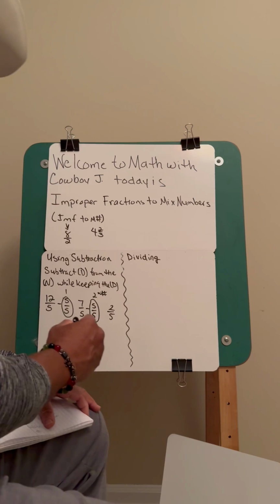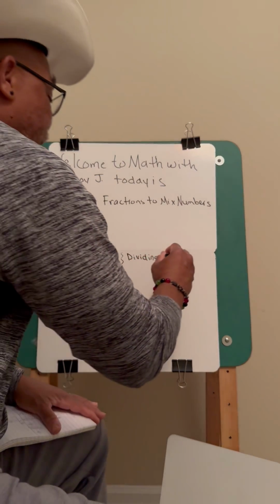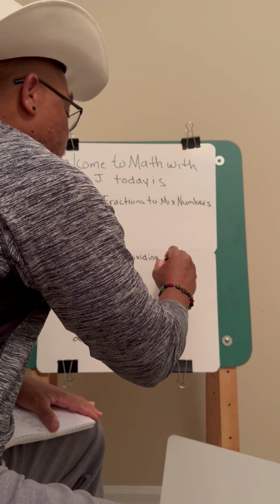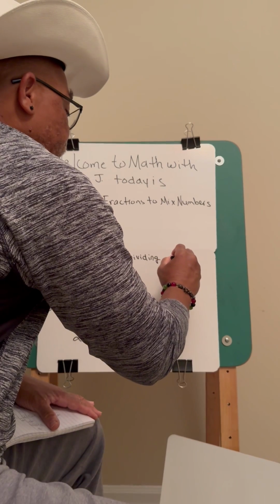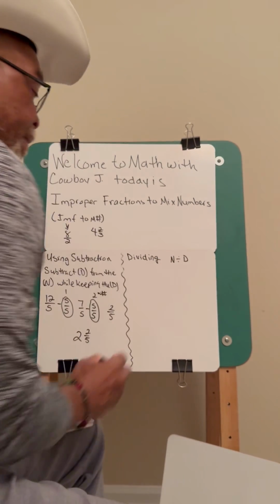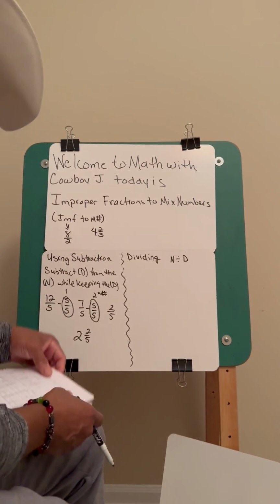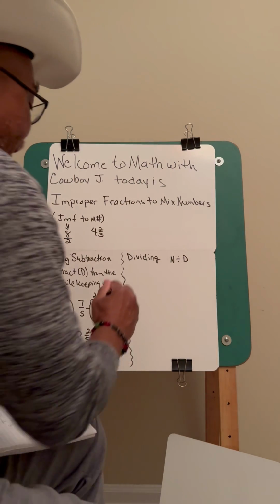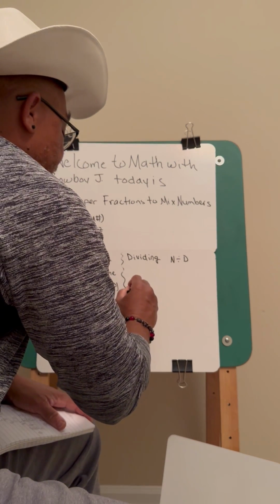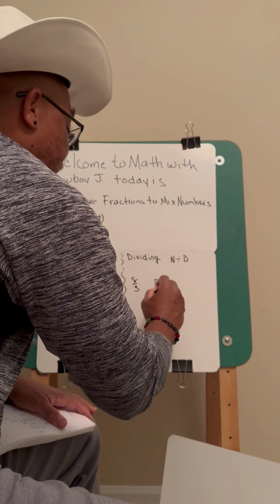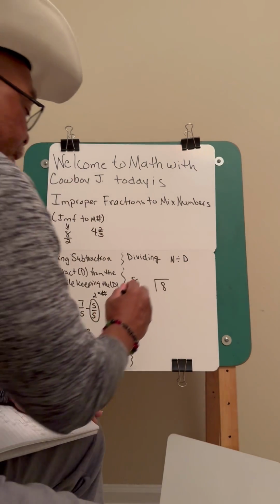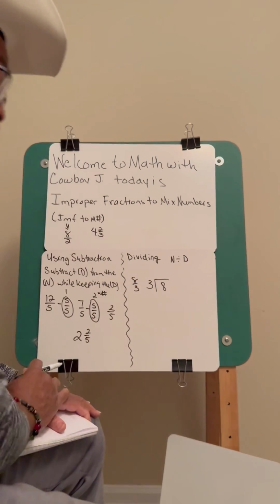dividing the numerator divided by the denominator. So in other words, on that first problem we had 8/3. I'm going to take the numerator 8 and divide it by the denominator of 3.